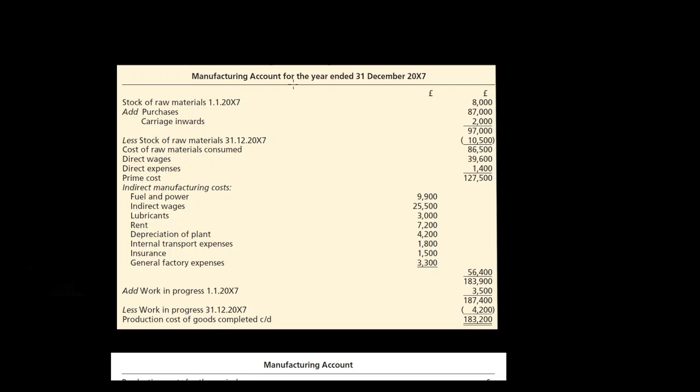Okay, so manufacturing account for the year ended. This is how a manufacturing account looks. Just like I said, we have three kinds of inventories. There is inventory of raw material, and we have inventory of work in progress. As I said, these both appear in your manufacturing account.